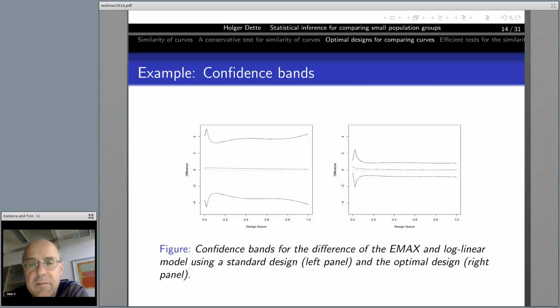On the right-hand side you see the confidence band which you would get if you would use the optimal pair of designs. And you see it's much narrower, which means that the test of Gesteiger et al. would have much more power.